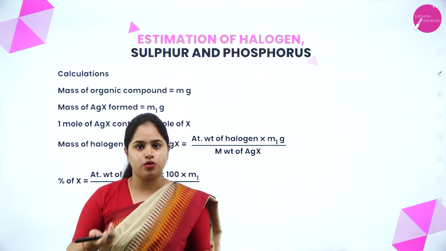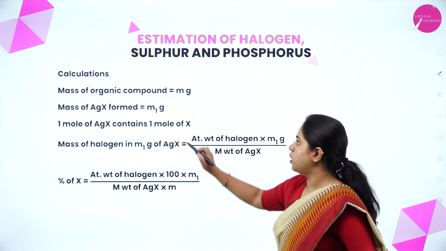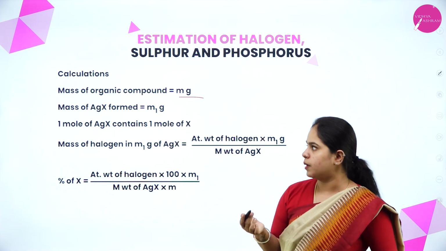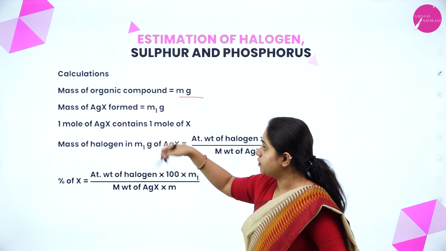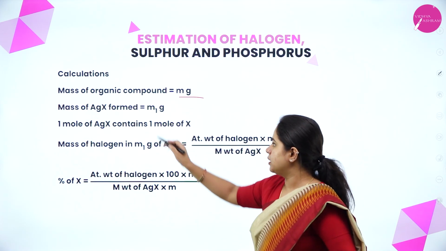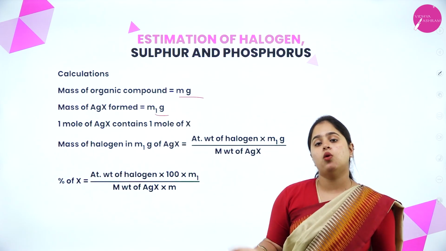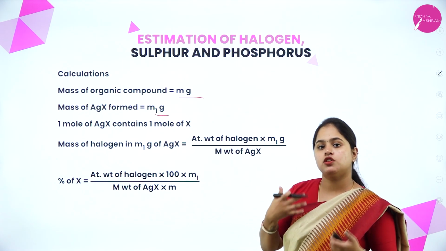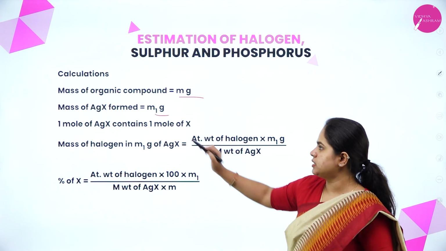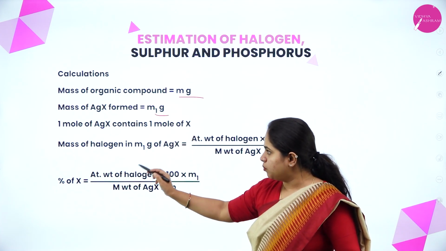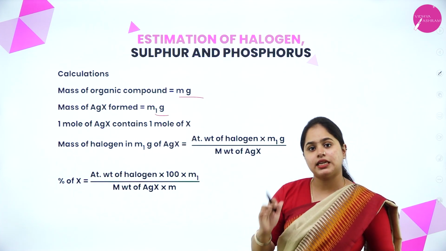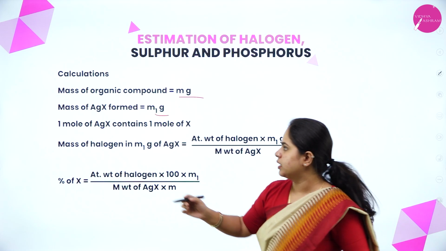Right, so now moving on to the calculations. Mass of the organic compound is taken as m gram. Mass of silver halide which is formed is taken as m1 gram. If 1 mole of silver halide, AgX, is formed, it contains 1 mole of halogen.